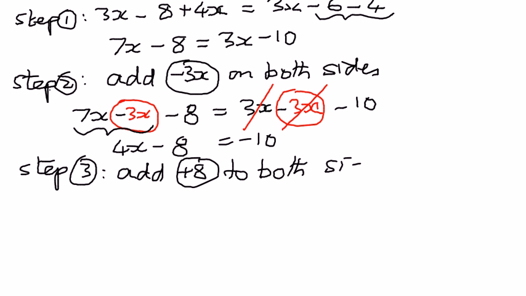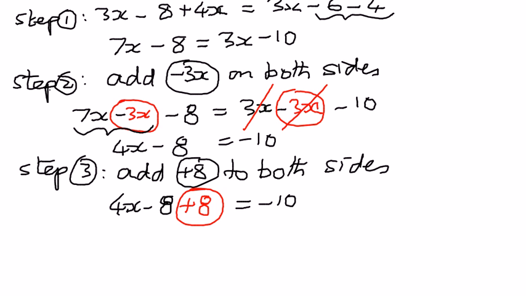And when we do that, this is what we're going to come up with. 4x minus 8 plus 8 is equal to negative 10 plus 8. Therefore, the positive 8 and negative 8 cancel out, leaving us with 4x is equal to negative 2.